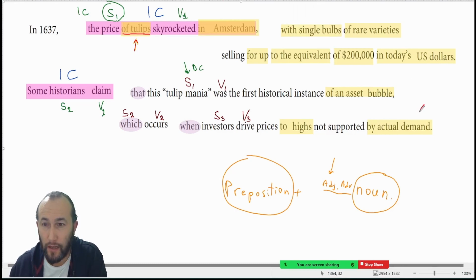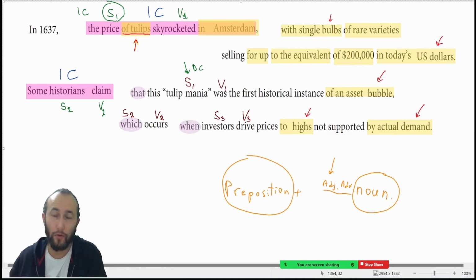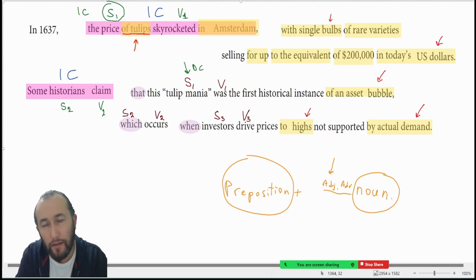For example, this is a noun, demand, or highs, this is a noun, bubble, dollars, single bulbs. They are nouns, but they don't come as subjects. They can't, because they are attached to the prepositional phrase, guys. They do the function of adverbs, an adverbial phrase, we can say.